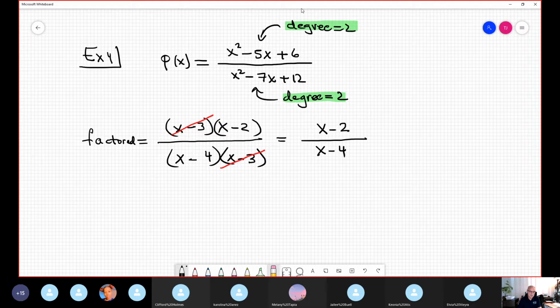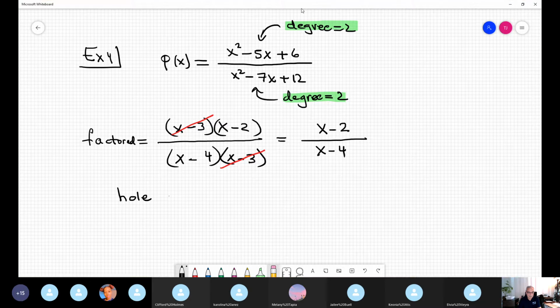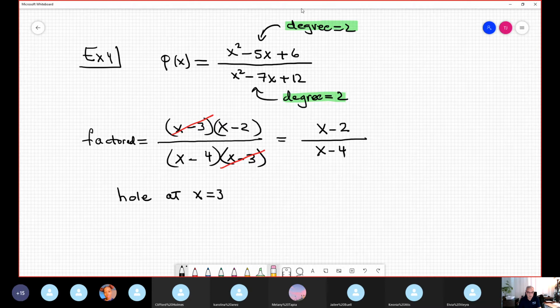So what is the interpretation of the factor that gets canceled out? When the factor gets canceled out, it is considered a hole. So we have a hole at x equals 3, no? Yes, the value of 3 makes 3 minus 3 zero, 3 minus 3 zero, a hole. And the representation for the hole, as you saw before, is something like this.